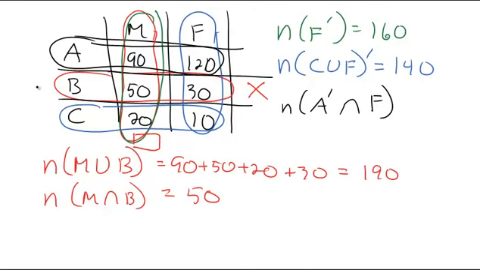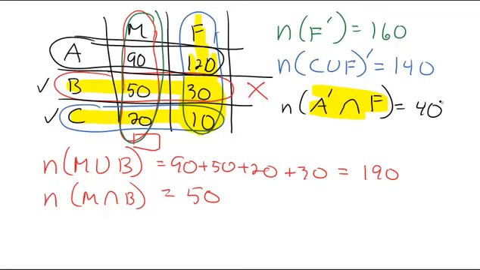So instead, you're taking these two rows because that's the complement of A, and you're intersecting it with the females. So can you see that, and I'll do this in yellow so you can see where it's coming from. It's this one and this one because that's the complement of A, and then intersected with that. And you can see that 30 and 10 are the two overlaps. So that's going to be 40.